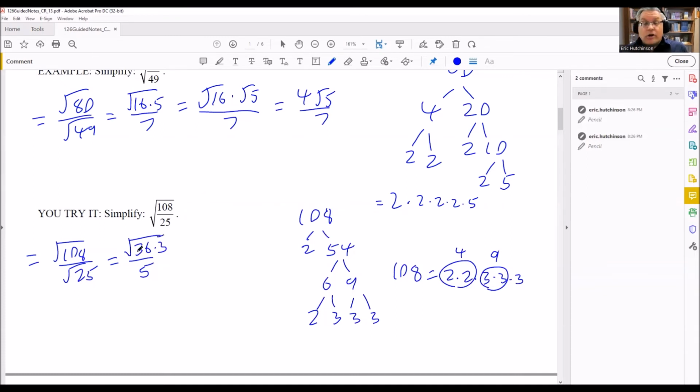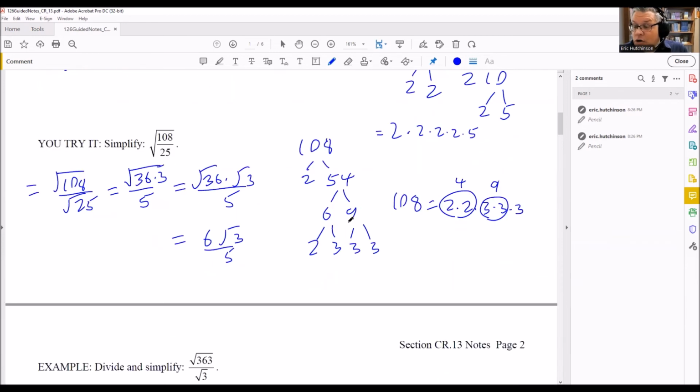So 108 can be written as 36 times 3. So now I can do the square root of 36 times the square root of 3. And that means that when it breaks down, you're going to get 6 square root of 3 over 5. And so now that would be the way you break this down. Again, the square root of 3, you can't do any more with that one.